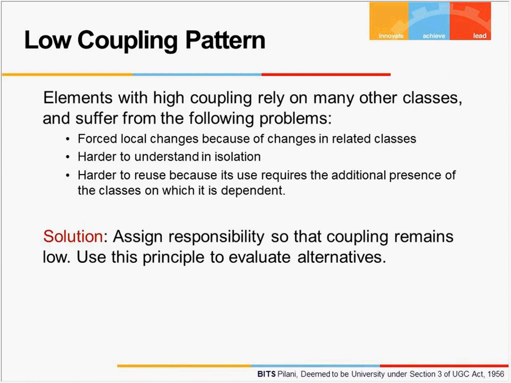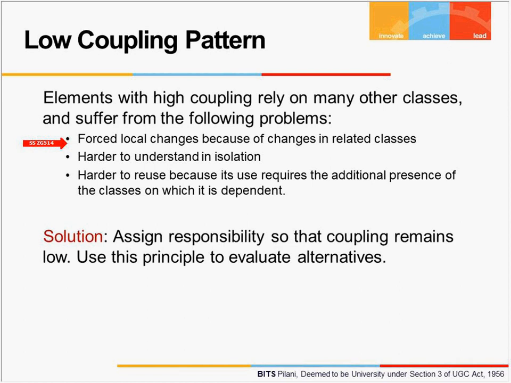As a result, elements with high coupling, which rely on many other classes, suffer from the following problems. First, local changes are forced because of changes in related classes. So if my class is dependent on n number of classes, and even one of those n changes, then I might be forced to change my class, because I'm related to that class.